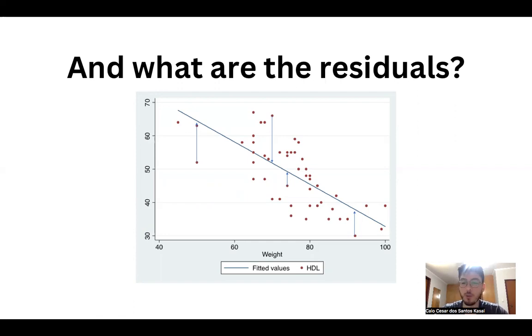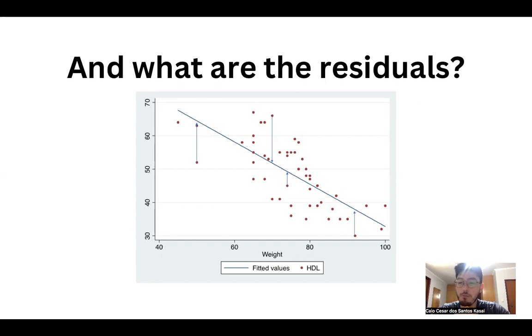This is very important when estimating your model, because one very important assumption, which is vital to calculate the values of the coefficients A and B, is that the sum of the residuals has to be as close as possible to zero, okay?